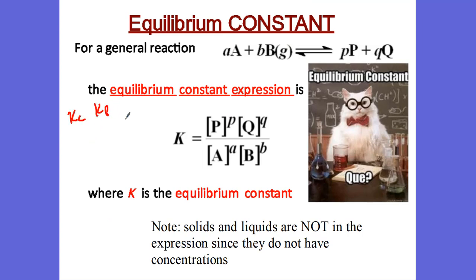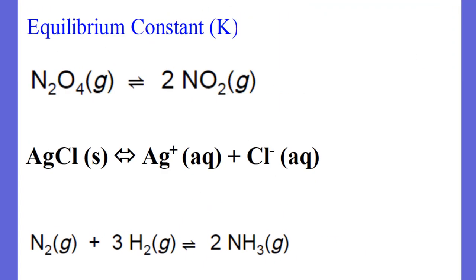It could be Kp, which means pressure. It could be Ksp, which means solubility product. It could be Ka, which is acids, or Kb, which is bases, or Keq, which is the equilibrium constant. These are all the same. Okay? So let me show you a few examples.